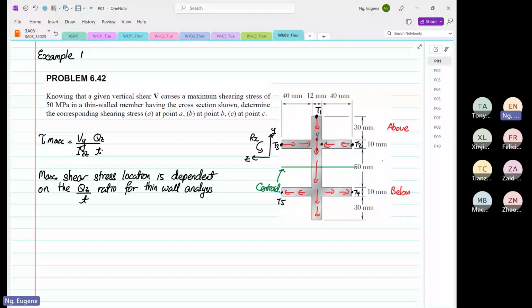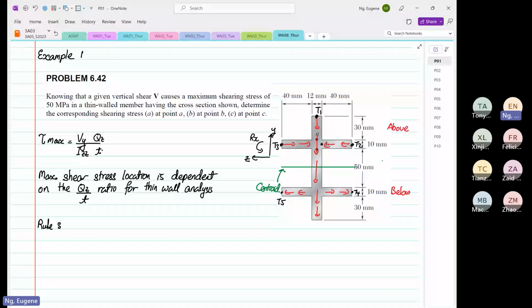Okay. So a rule that I'm going to write down here, that you can apply for thin wall analysis. I can't remember how many rules I've written down already, so I'm just going to put it as a rule down here.